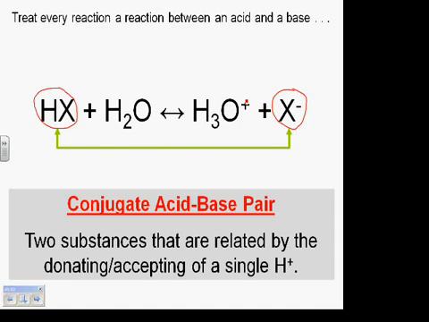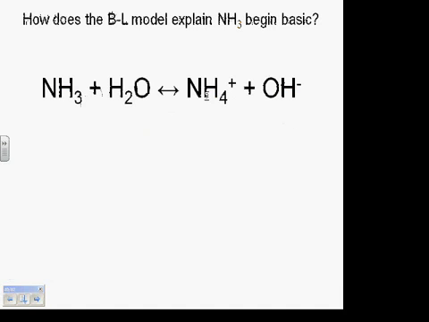On the other side here, the flip side of this thing is that our water is acting like a base in this reaction, and then the hydronium is acting like an acid in the reverse reaction. You could change water into hydronium by giving it a hydrogen. You could change hydronium into water by taking away a hydrogen. By simply passing a hydrogen back and forth, these two compounds change into each other. They are linked. They are conjugate acid-base pairs, is what we say. Water in this case is the base. Hydronium is the acid.